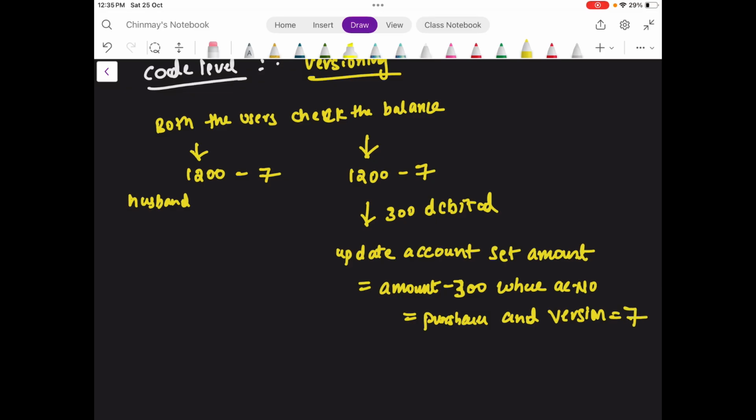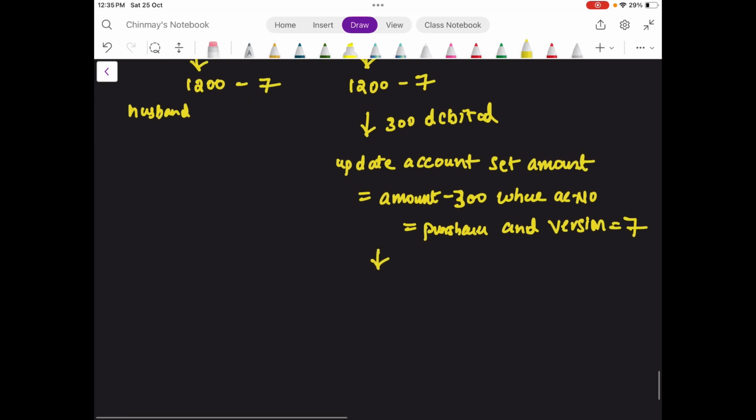Now the version is already 7, so it gets updated. Now 300 rupees are debited.